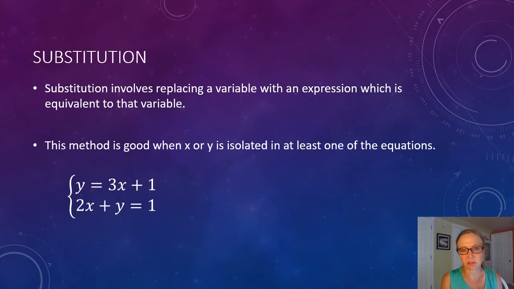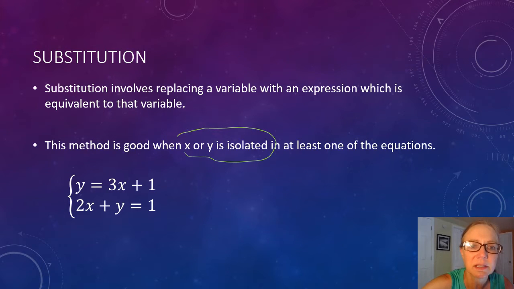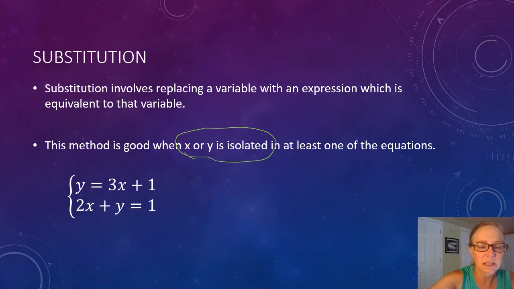This method is easy to use when x or y is isolated in at least one of the equations in the system. Notice in this little example that y is isolated.